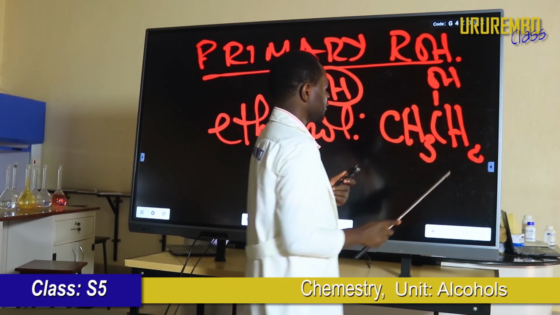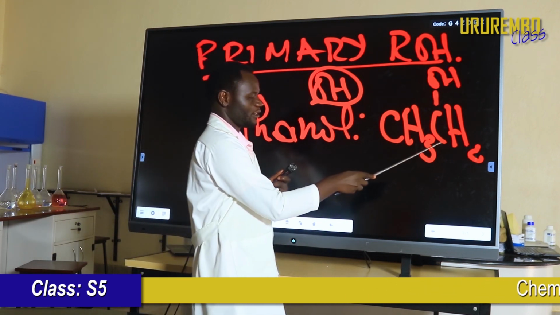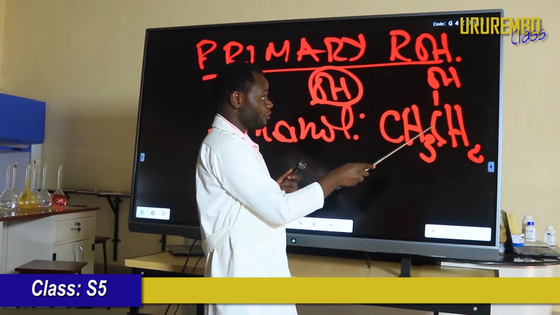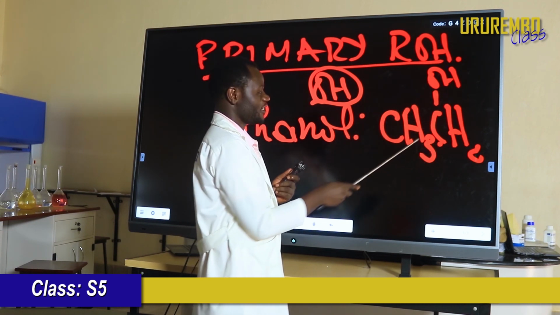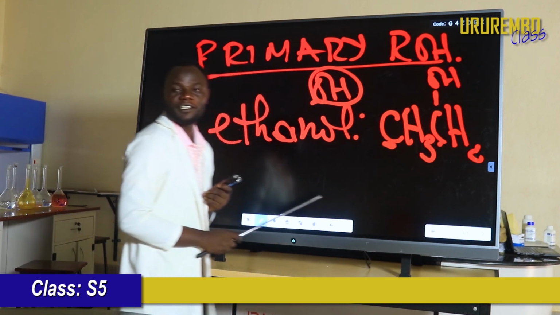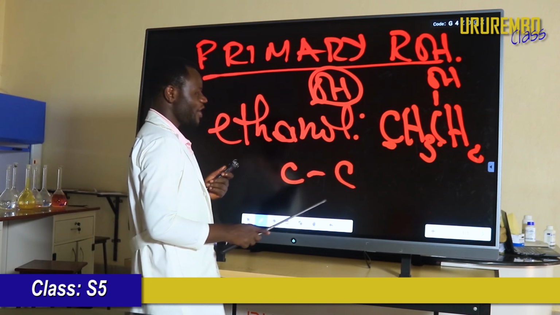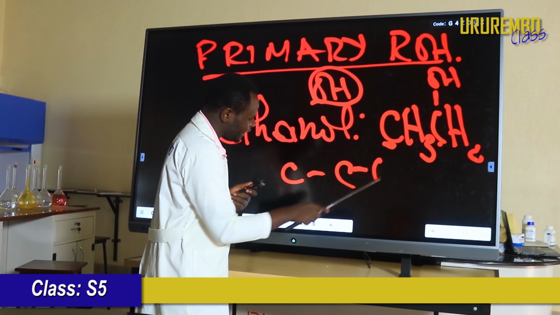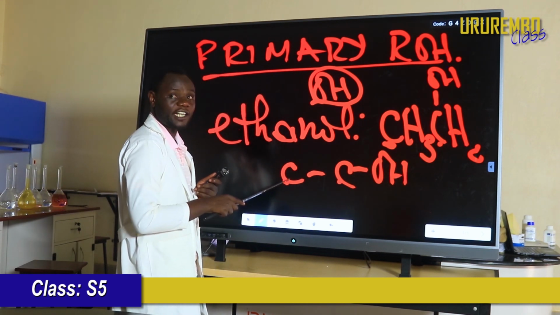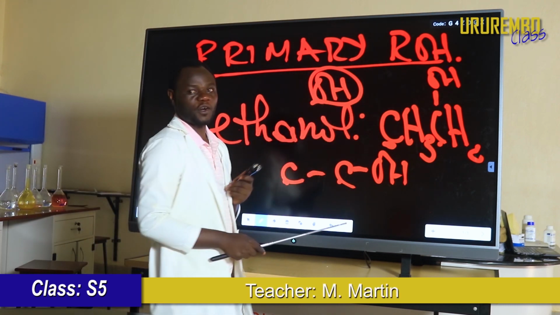You see that this carbon carrying OH is directly attached to only one carbon. It means that you have a carbon and a carbon, and the carbon carrying OH is directly attached to only one carbon. And this one is a primary alcohol.